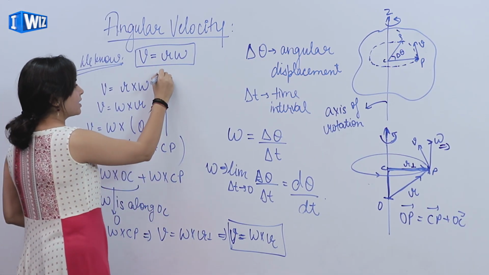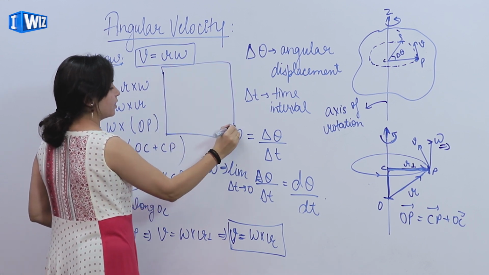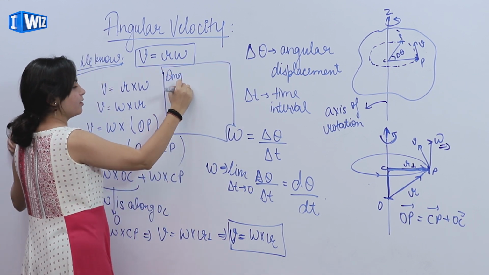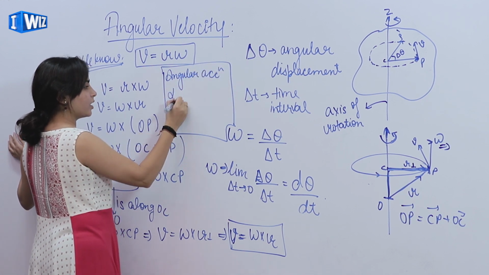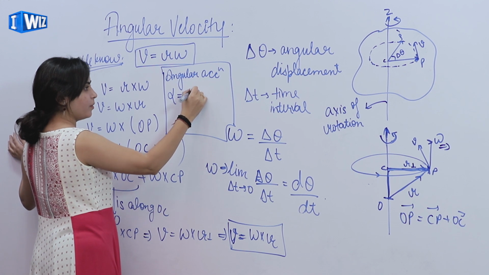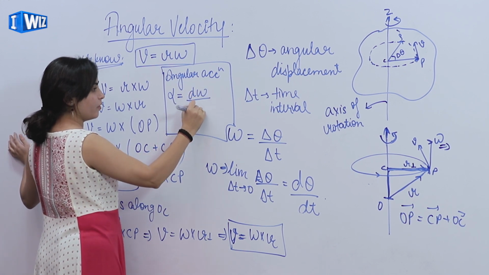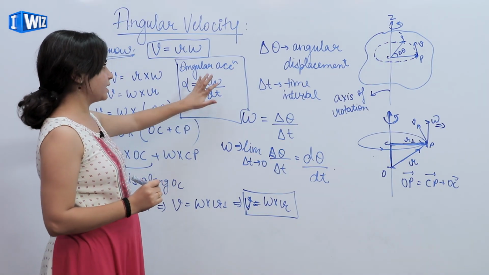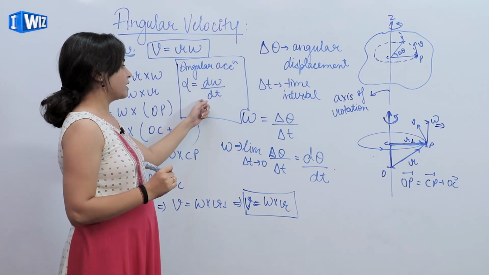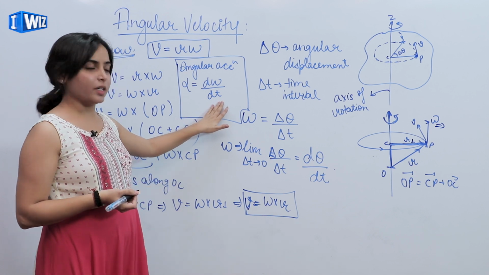अब अगर हम एक्सेलरेशन की बात करें, angular acceleration is denoted by alpha, that will be equal to rate of change of angular velocity, d omega upon dt. This is angular acceleration. This is a vector equation.